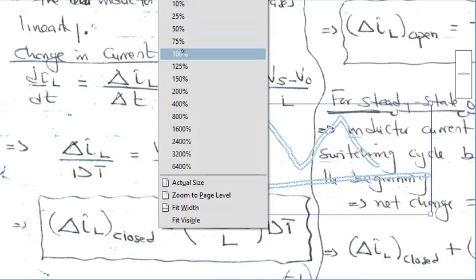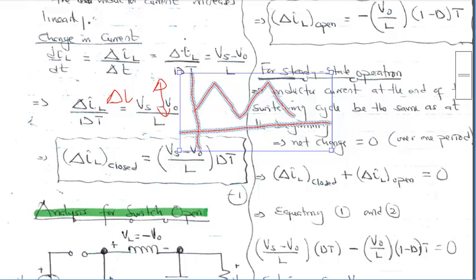Let's reduce that. So this is the change in IL that we are looking at, and the dt is the change from when the current starts going up till when the current reaches its peak.